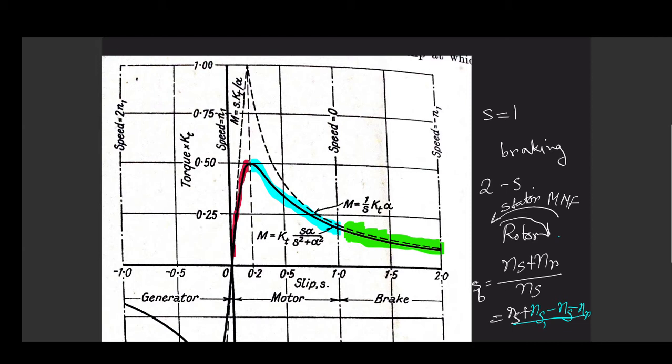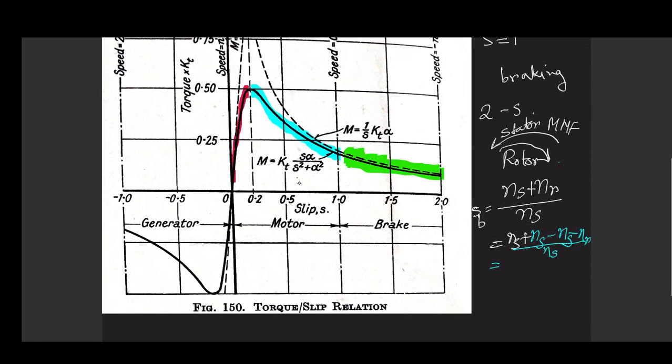Again it is divided by NS. So what will the first two terms give you? The first two terms will give you 2NS by NS, and the second term will give you minus NS. Sorry, it was plus.